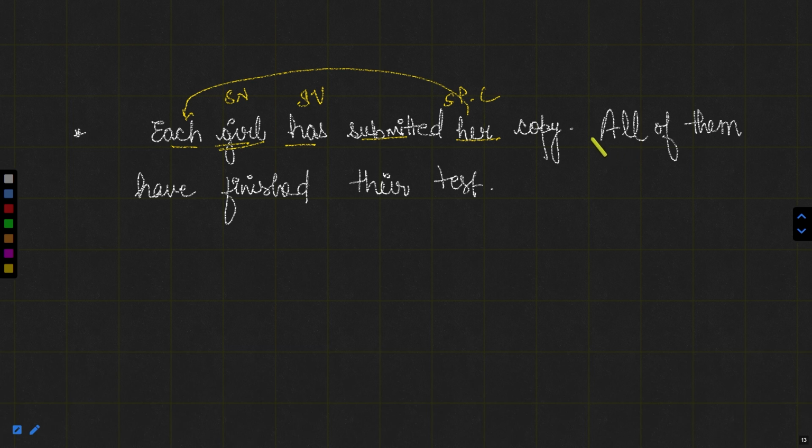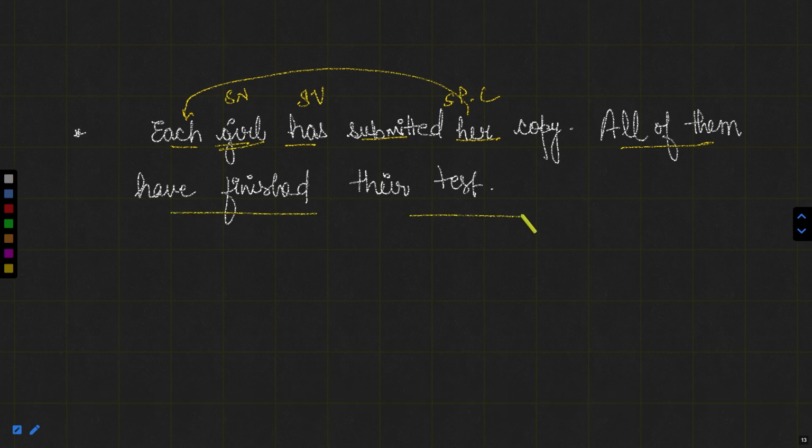Now, one more thing is there. If I write this sentence, here I have focused on each and every girl. Now, suppose there are 3 girls or 4 girls. It means I'm talking about each and every girl. It means girl A has submitted her copy, girl B has submitted her copy, girl 3 has submitted her copy, girl 4 has submitted her copy. But if I talk about them collectively, it will be all of them have finished their test.